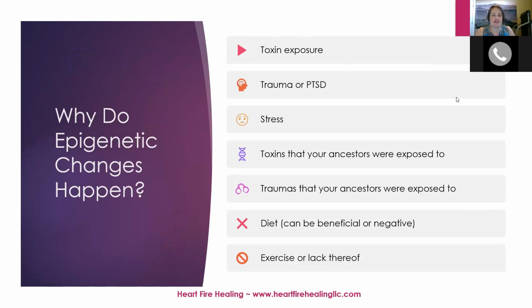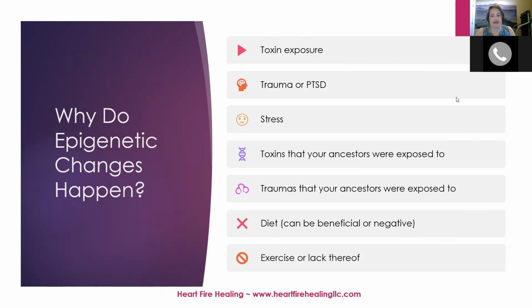So why do these epigenetic changes happen? What causes markers to go on places where they don't belong, or fall off where they shouldn't? We're going to talk about a bunch of different factors. The first is exposure to toxins. The second is trauma, or things like PTSD, and that can create changes in the epigenetic landscape.